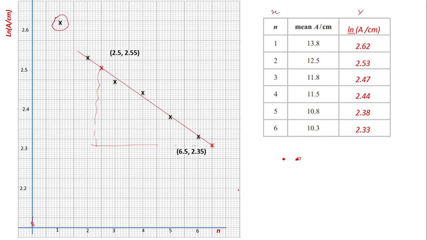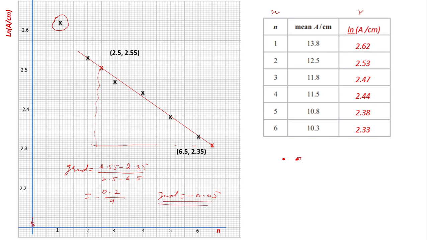So gradient would be equal to y2 minus y1 divided by x2 minus x1, which is 2.35 minus 2.55 divided by 6.5 minus 2.5. So gradient would be minus 0.2 divided by 4. So gradient is minus 0.05.